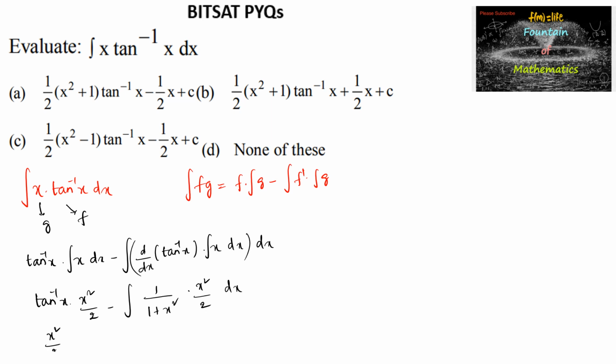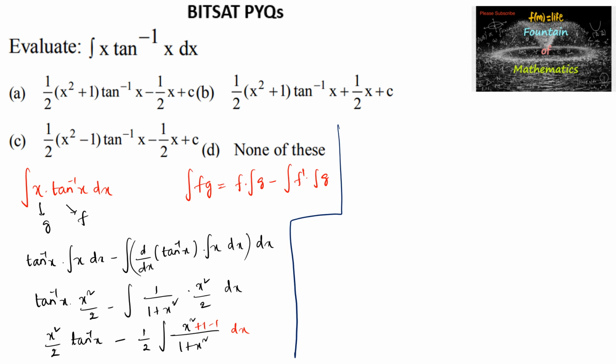So we can write x square upon 2 tan inverse x minus 1 upon 2 integration of x square upon (1 plus x square), here adding and subtracting 1, plus 1 and minus 1, dx. So we get x square upon 2 tan inverse x minus 1 upon 2 times the integral of (x square plus 1) upon (x square plus 1) minus 1 upon (1 plus x square) dx.